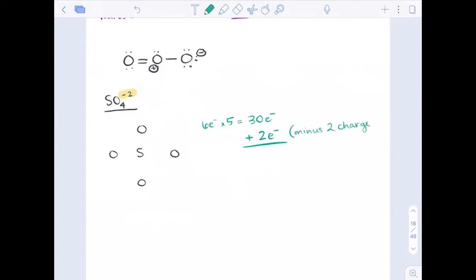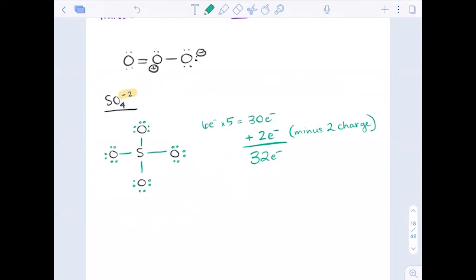So think about what that charge means. A -2 means you have 2 more electrons, and therefore 32 electrons are there. We'll do 2, 4, 6, 8, 10, 12, 14, 16, 18, 20, 22, 24, 26, 28, 30, 32.